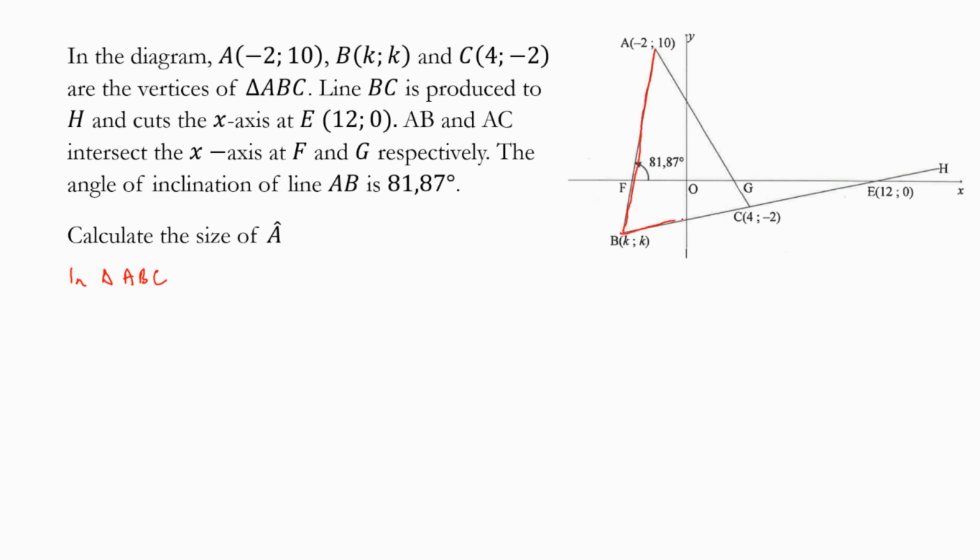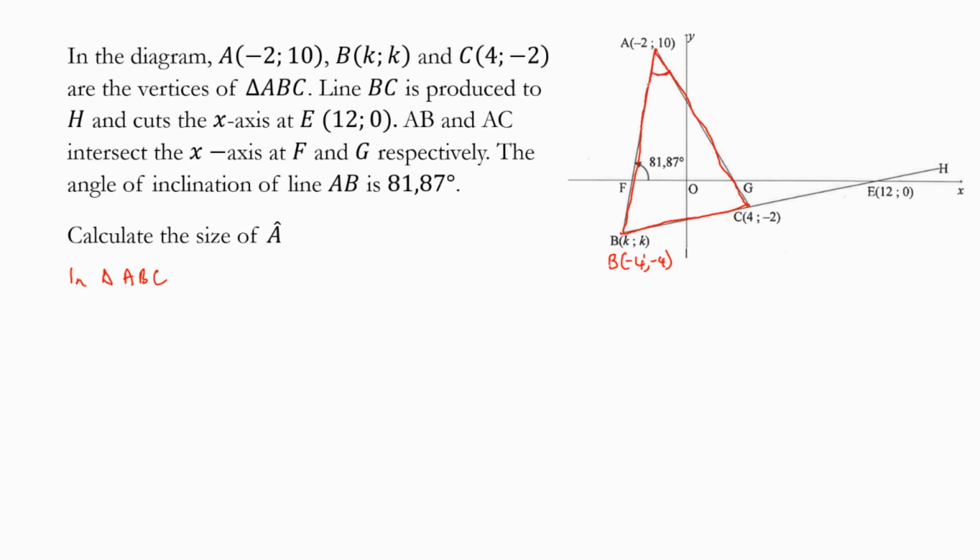We can find the three sides. Remember, the coordinates of B are -4, -4. Which rule can we use if we have the lengths or distances of the three sides of a triangle? We can use the cosine rule.